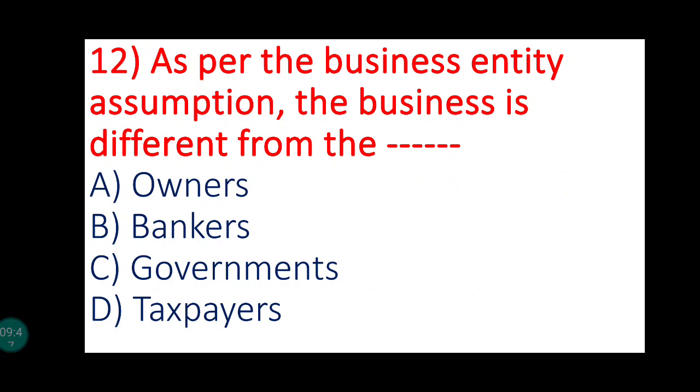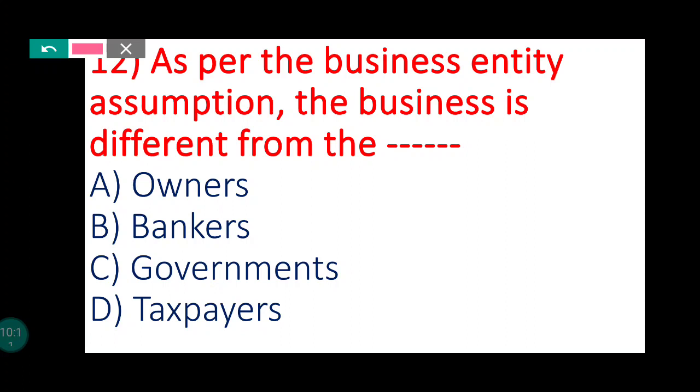Then the 12th one, as per the business entity assumption, the business is different from, as per the business entity concept. See what business entity concept states? It states that the business and its owners are two separate independent entities.